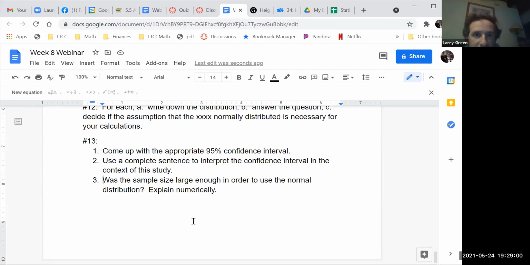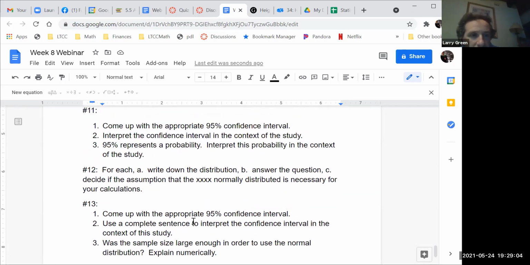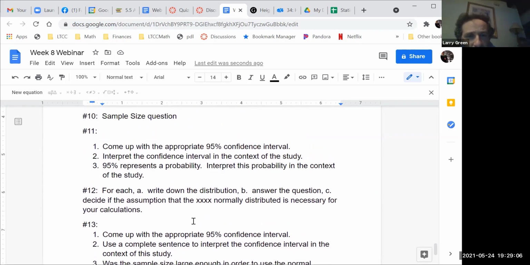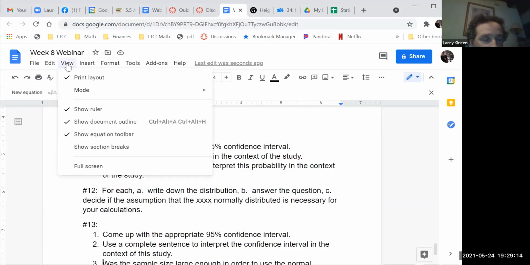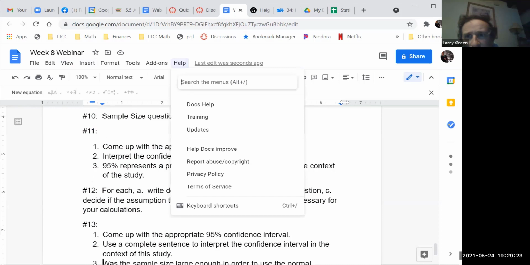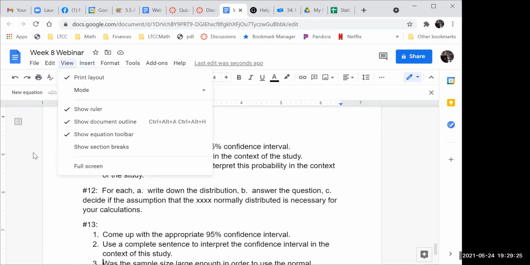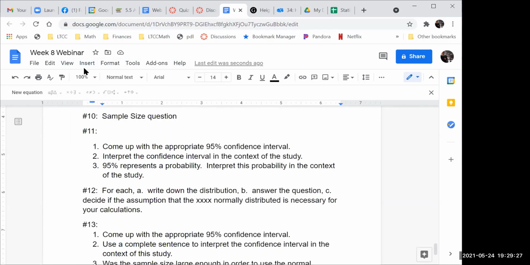Can you zoom out so we can see all the numbers? Oh, you want it to, yeah, I don't know if you'll be able to see, it'll be so small, but I can do that. Let's see, that's view, I think, isn't it? I think if you go to the little 100% under insert, yep, there we go.